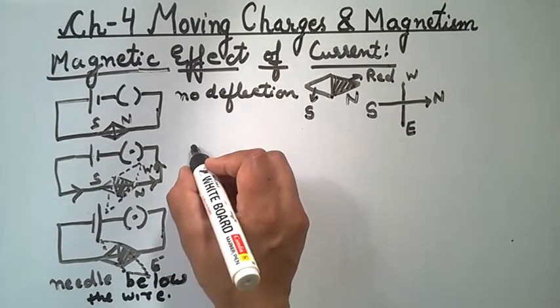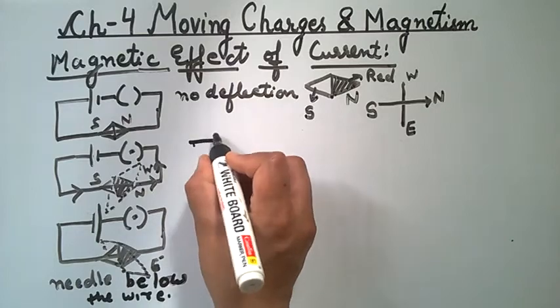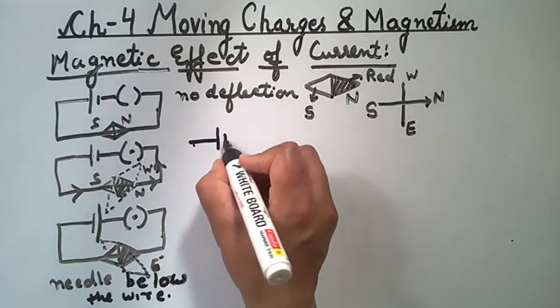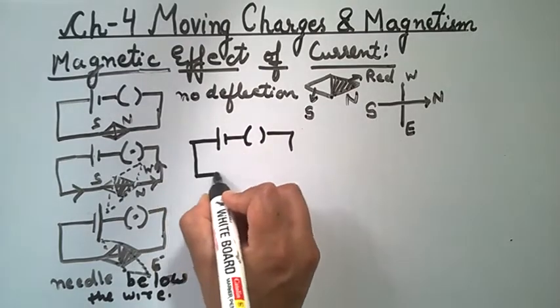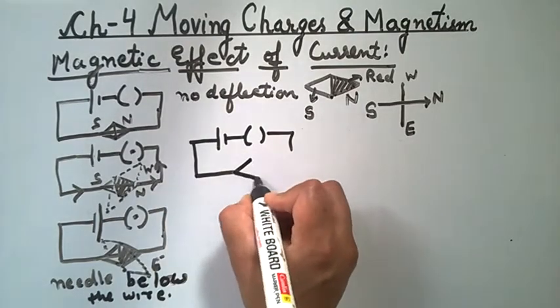Similarly, he observed that when needle is placed above the wire, then opposite deflection will be seen.